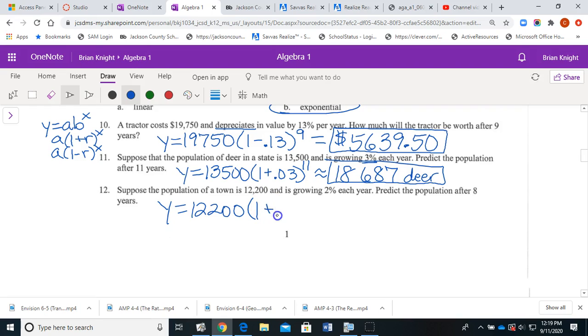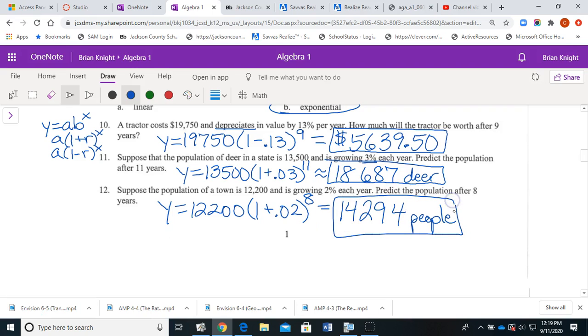Growing, so 1 plus 0.02 to the 8th power. And that is, according to my answers, 14,294. Is that what everybody got? Yes. Okay, and that was people, but you don't have to say people if you want. Everybody good on page 1? Yes. Awesome. Wonderful.